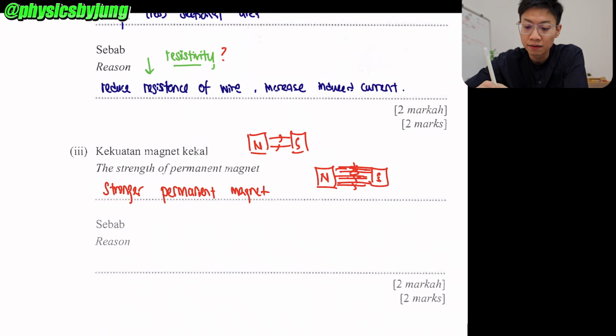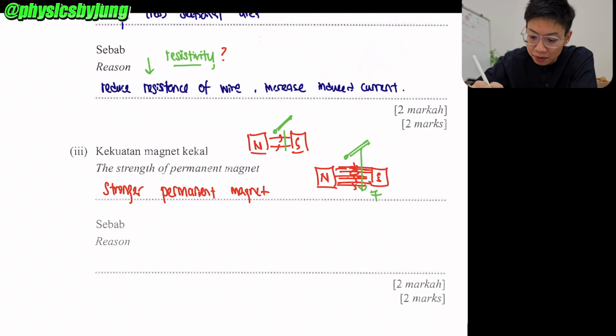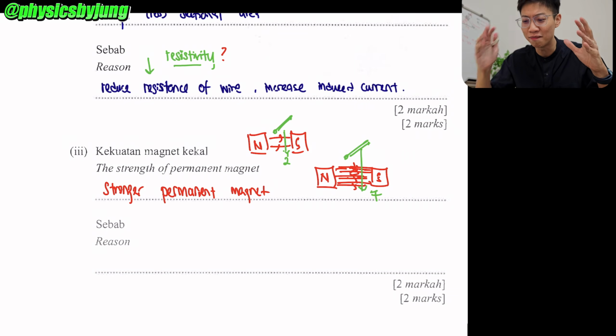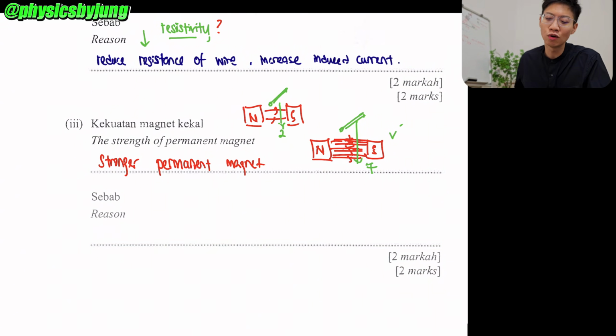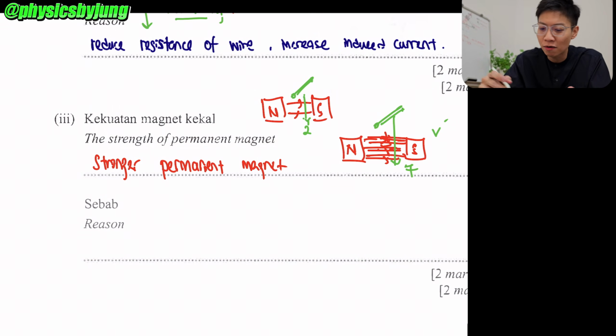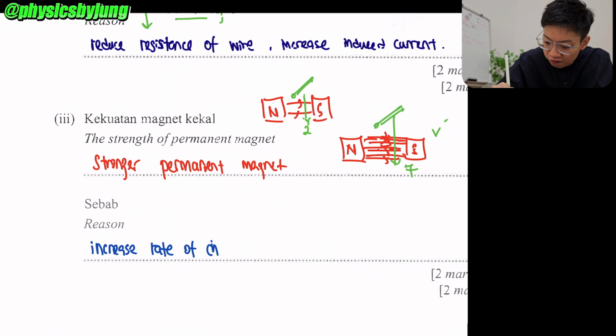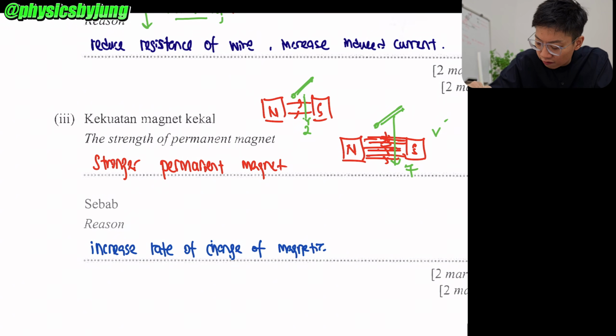So if I take one wire and cut through this, I cut 7 magnetic flux. This one I cut maybe 2. Which one produces more cutting, more change of magnetic flux? Obviously this one, right? So your answer will still go back to the same concept. If you have a stronger permanent magnet, you will increase the rate of change of magnetic flux.